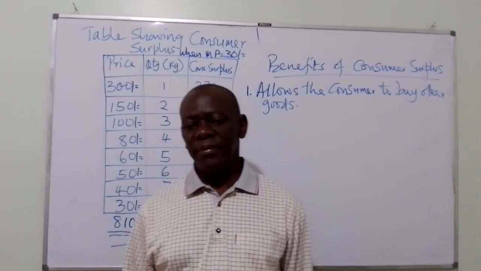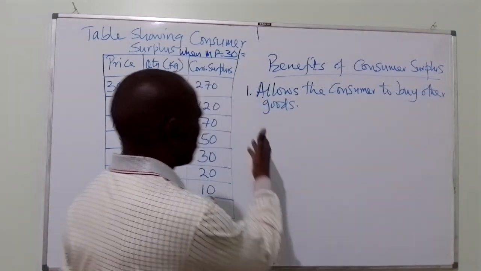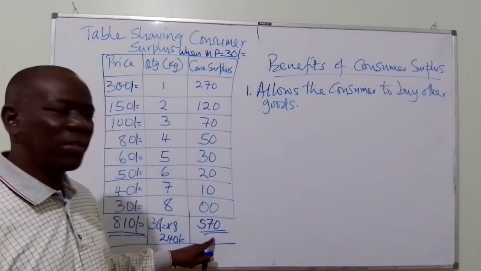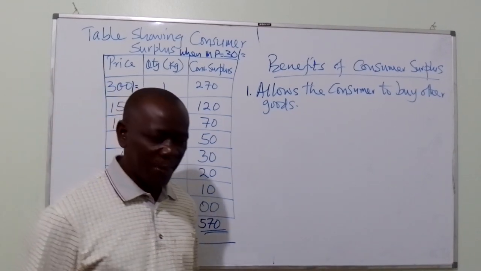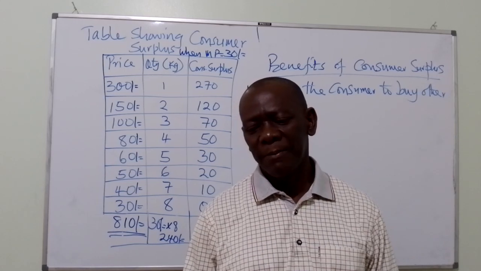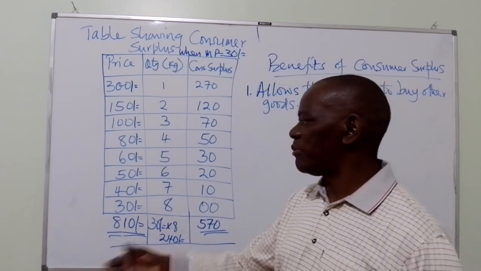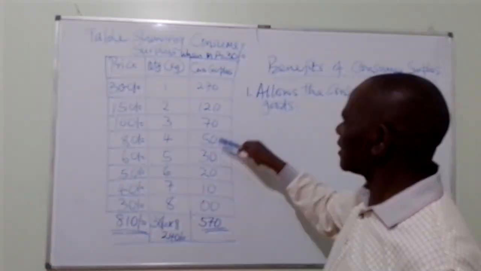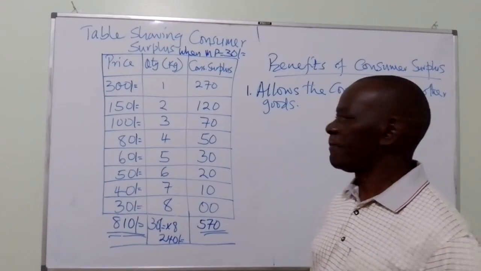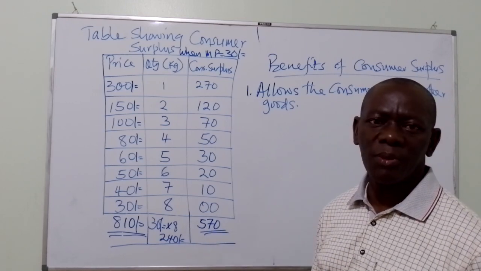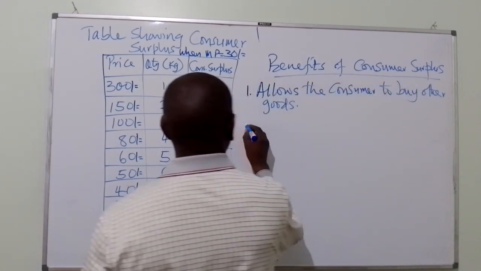Lucky enough, you are now going to buy other items using this 570. So it helps you to buy other commodities, which you had not planned to buy because your expenditure was only on sugar. But with the existence of the consumer surplus, you can now buy other commodities using the consumer surplus.